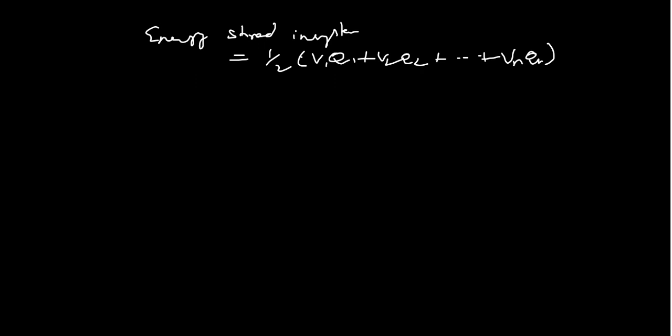So in general you can write W = 1/2 summation of i equals 1 to n of Vi Qi, or Qi Vi, whatever it be.